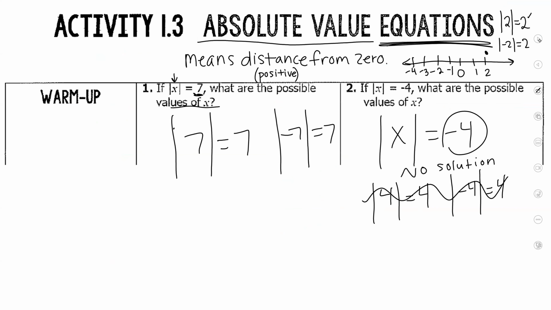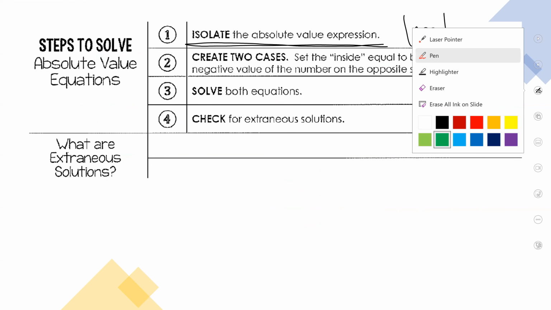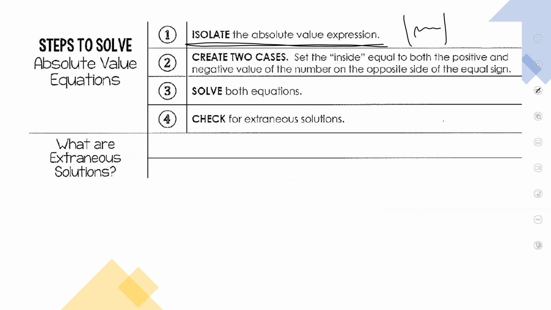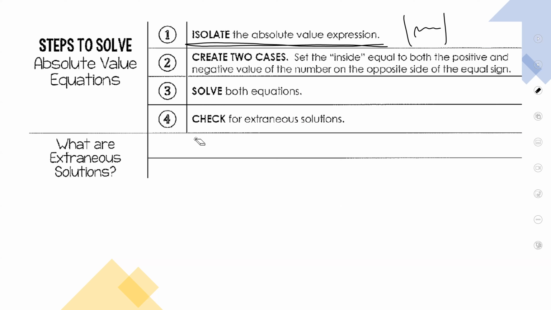Oh, right here. It says, what are extraneous solutions? How would you guys describe an extraneous solution? False. It's false when you plug it back in? Okay. So answers. I'm not going to say answers because they're really not answers. All right, I'm going to take that off.